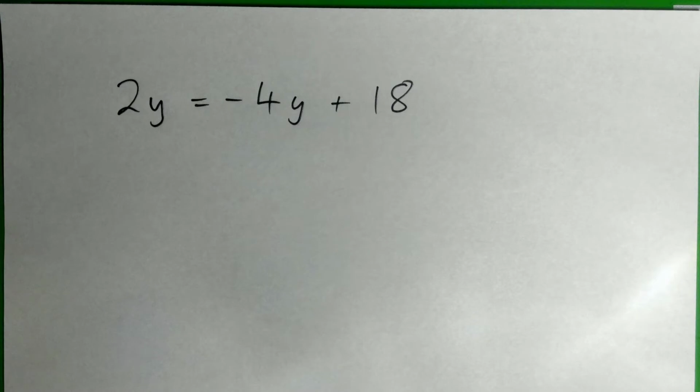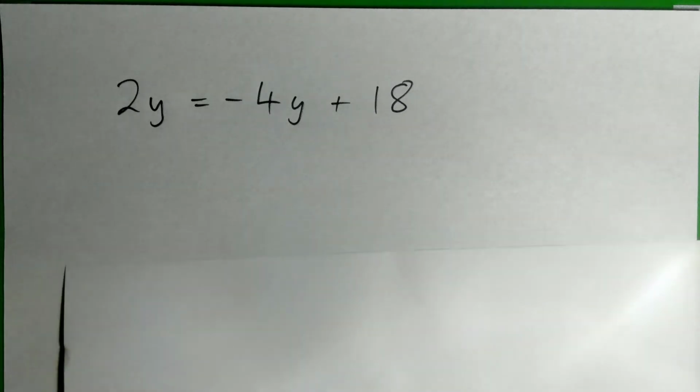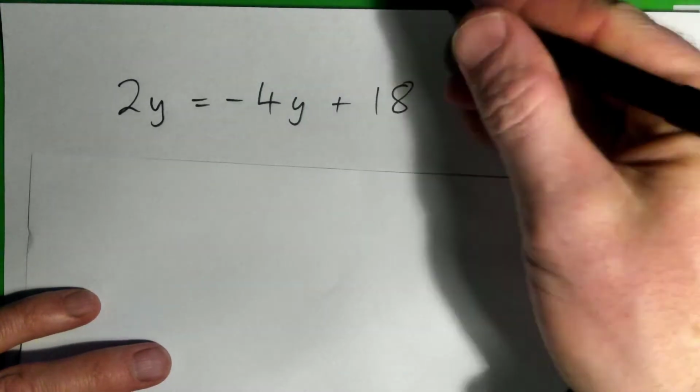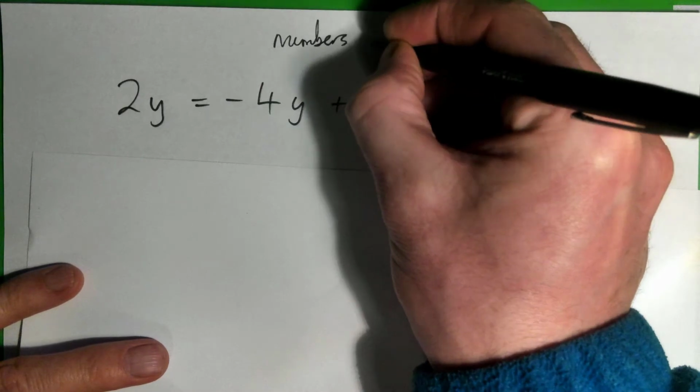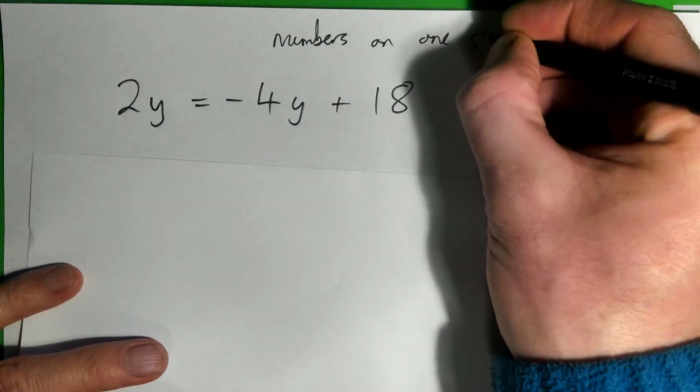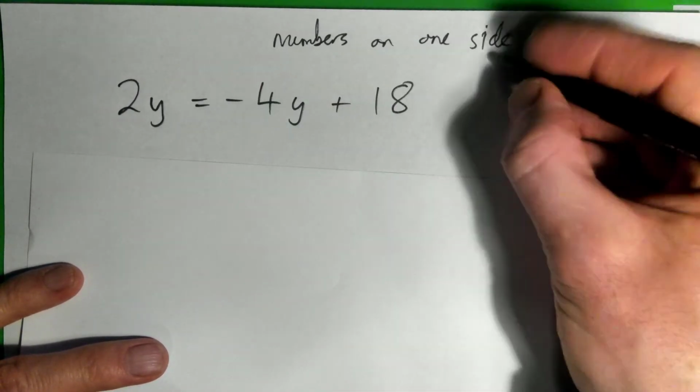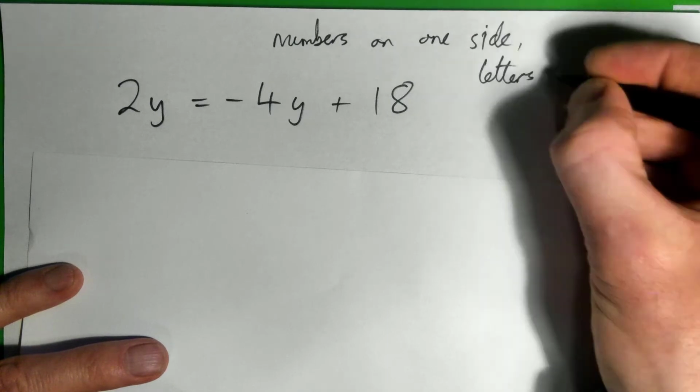To me, there's something here that makes a whole lot of sense. Yeah, it's partly because I've been teaching this class, but it's partly because it does make sense. You want numbers on one side of the equation, and you want your letters on the other side.